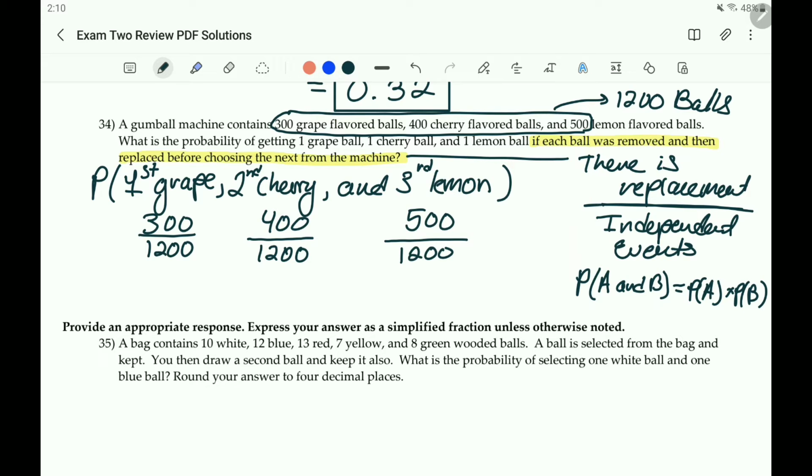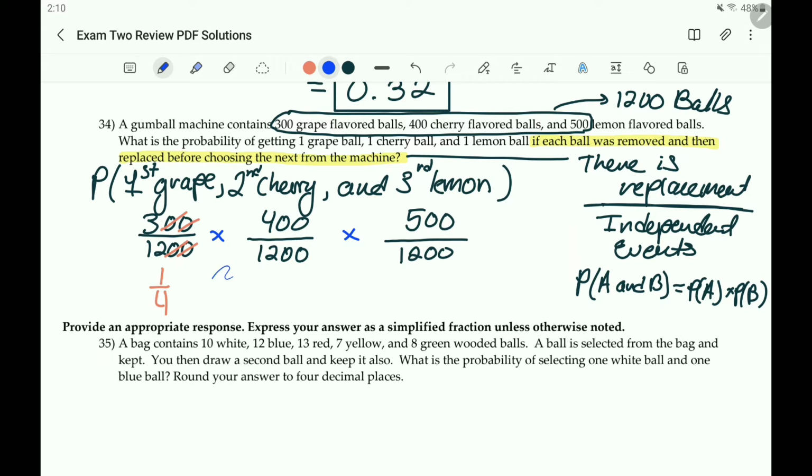And because this is one event after another, we can multiply these probabilities together. Let's reduce these fractions first. The zeros at the end can simplify out. 3 divided by 12 is 1/4.